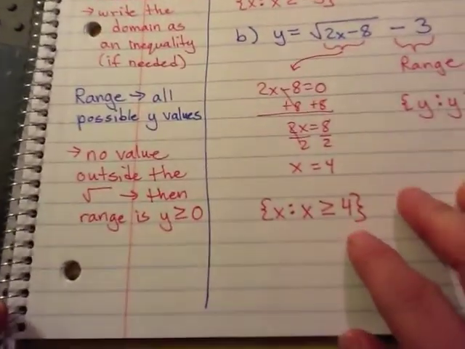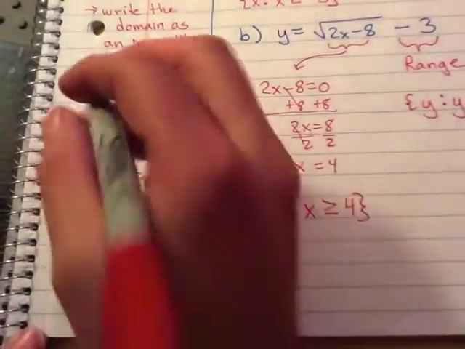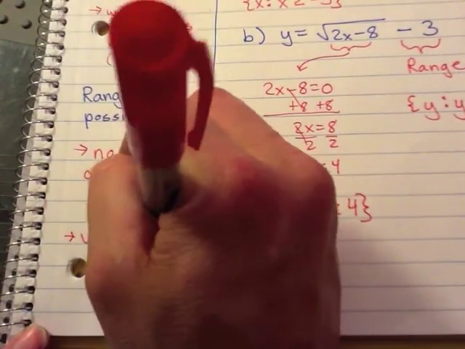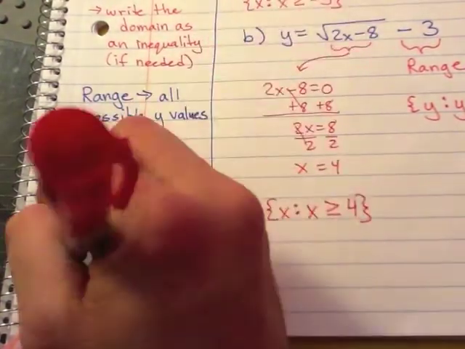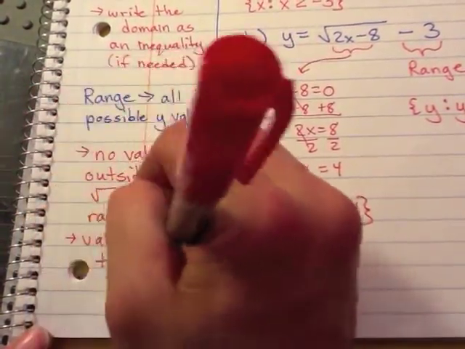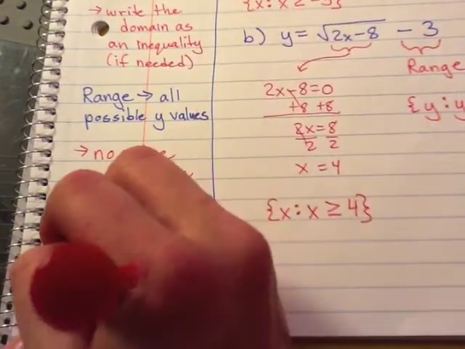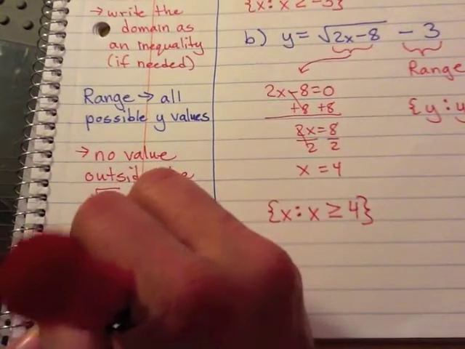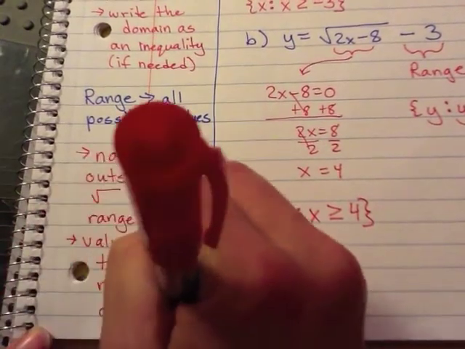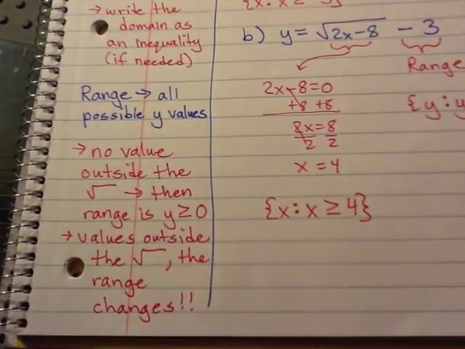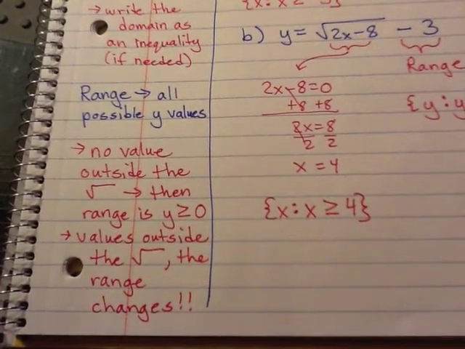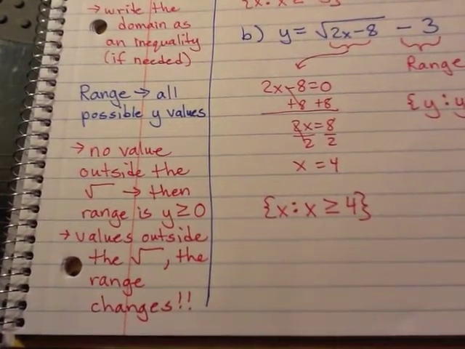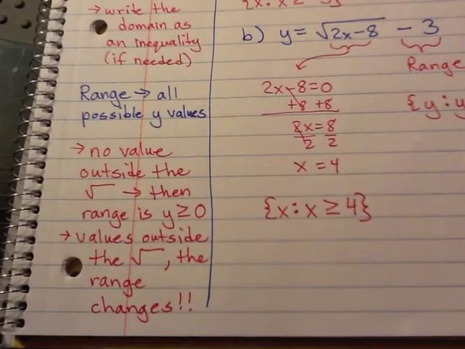Every time there's nothing on the outside. When you have values outside the square root, the range changes. So you just have to be aware of that. And we'll try some of these tomorrow, because these are a little bit difficult till you've done a few. And then once you've done some of them, you'll start to see the patterns.